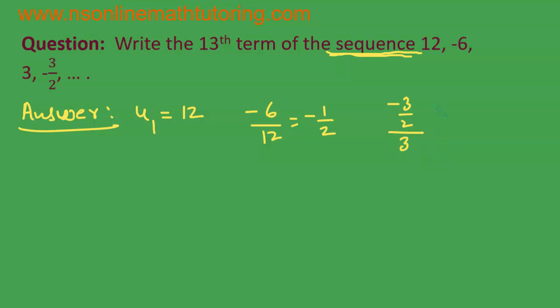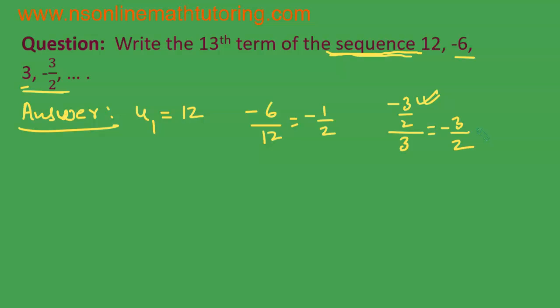Okay, I could have taken the second and the third terms, but deliberately I have taken the third and the fourth terms because I have seen many students having problem with the division whenever they are having a fraction in the numerator or a fraction in the denominator. If you have a fraction in the numerator or in the denominator, or both, you just write it in this form.